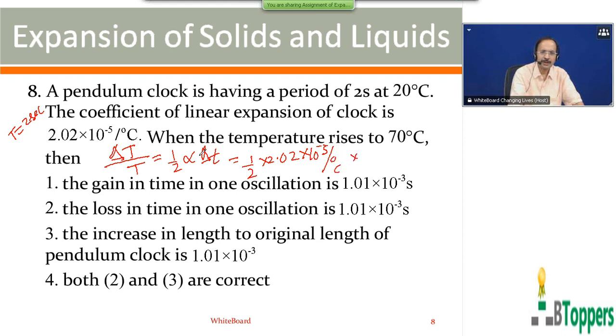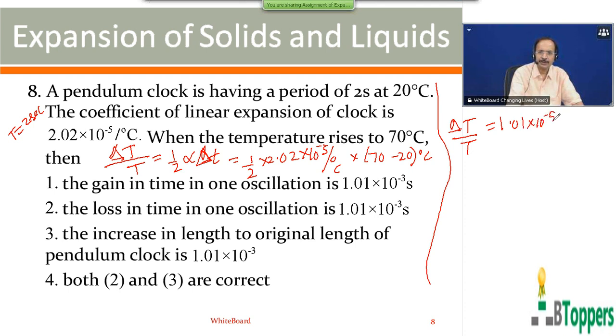Change in temperature, delta t, will be final temperature 70 degree centigrade minus initial temperature 20 degree centigrade. So you get the fractional change in the time period, delta T by T, as 1.01 into 10 power minus 5 into 50.